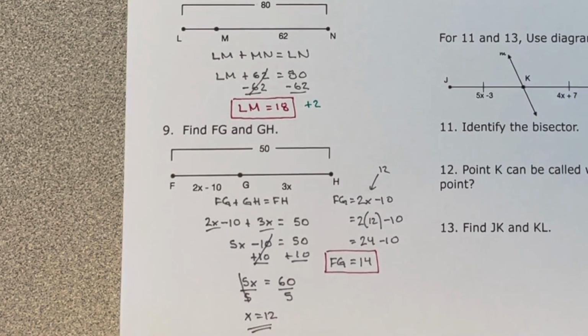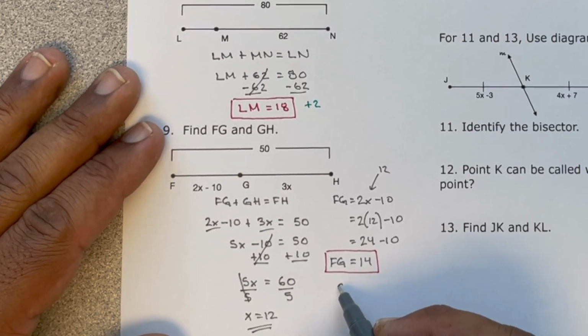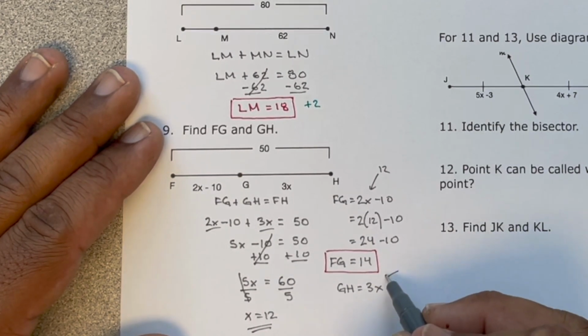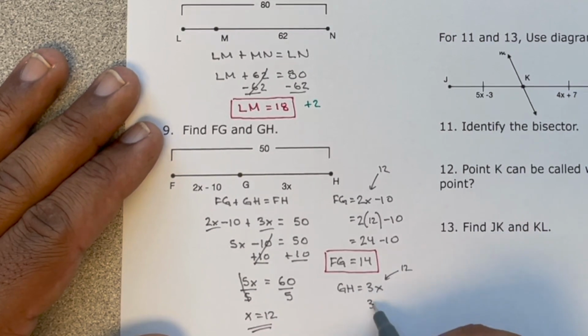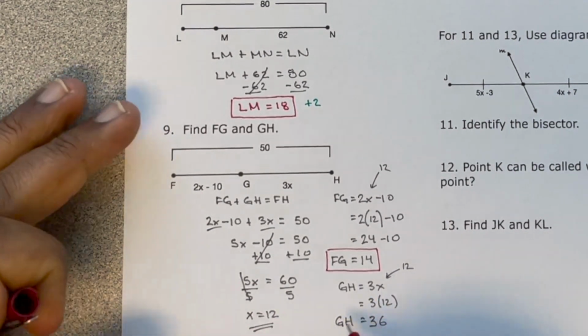The most typical way to solve for GH would probably be to just plug that in also. GH equals 3x, and the x is 12, so it's just 3 times 12. That equals 36, so GH equals 36.